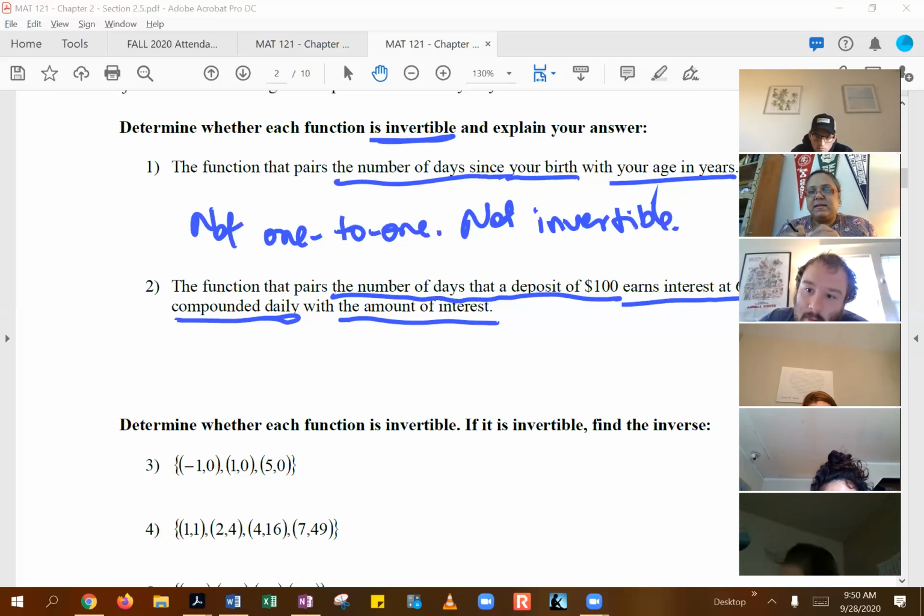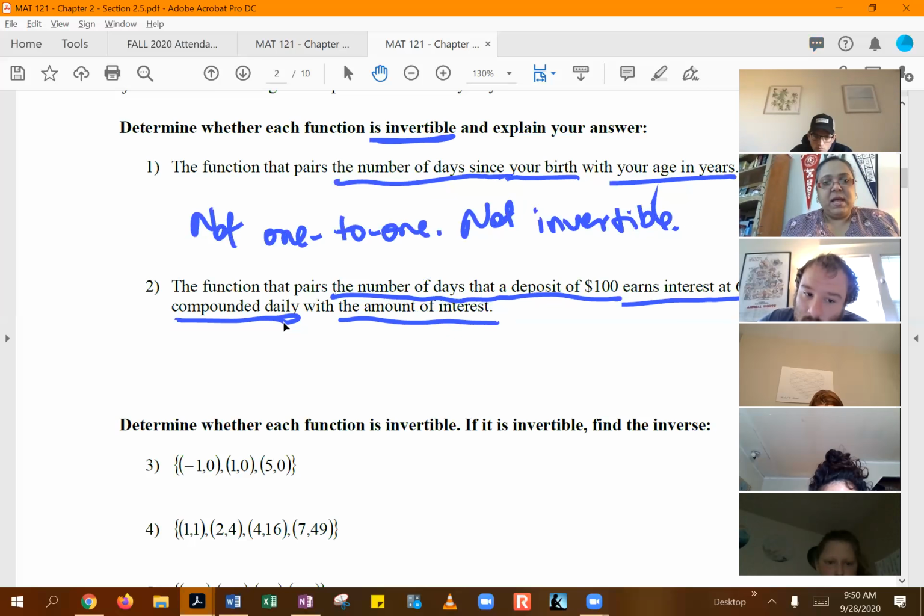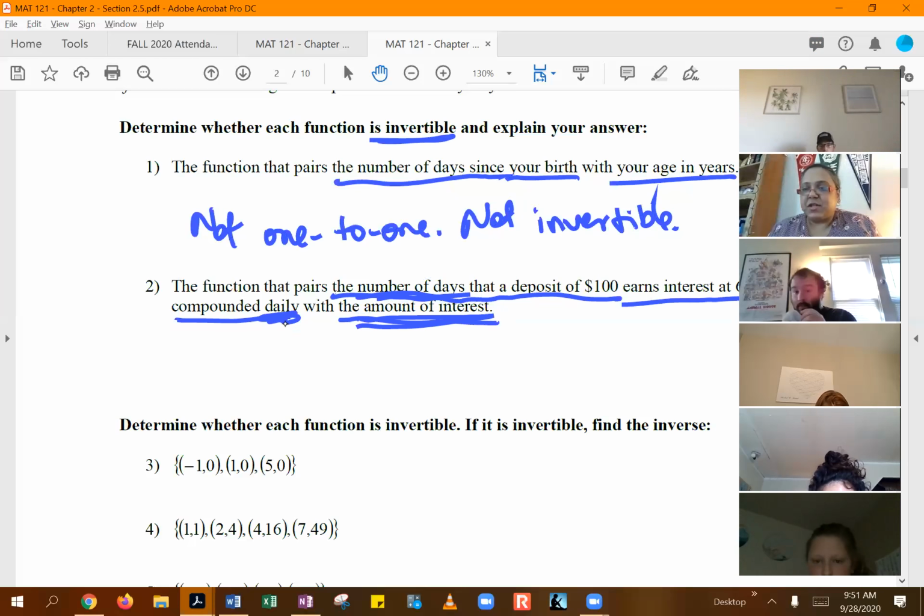of days? No, because the reason here is, guys, our money is being compounded daily. And since the money is being compounded daily, your interest is being calculated on a day-to-day basis. The number of days is always going to be unique with respect to the amount of interest earned.